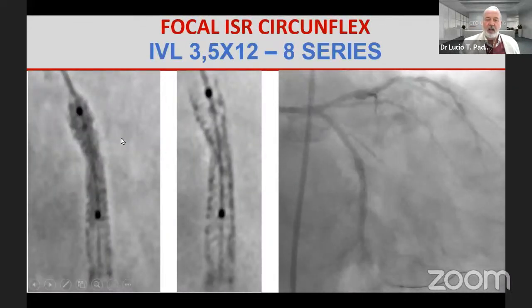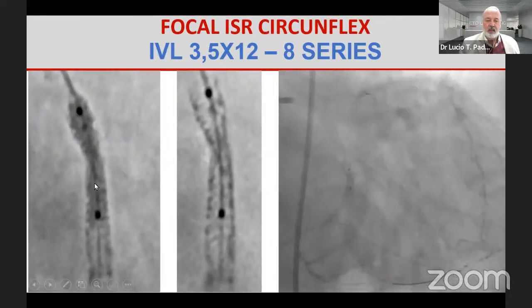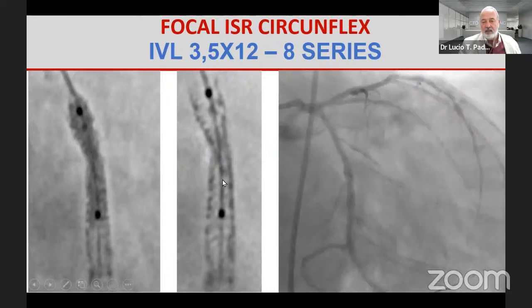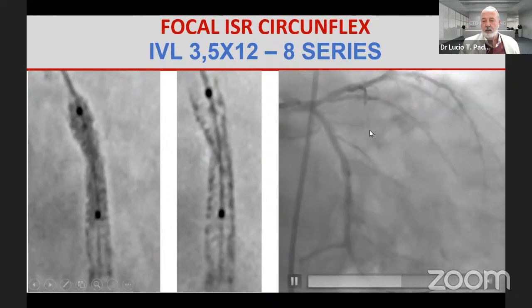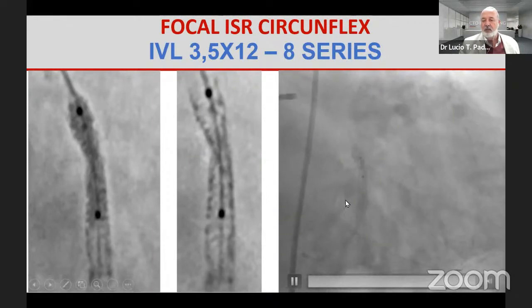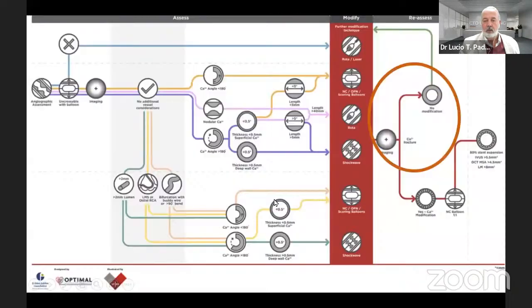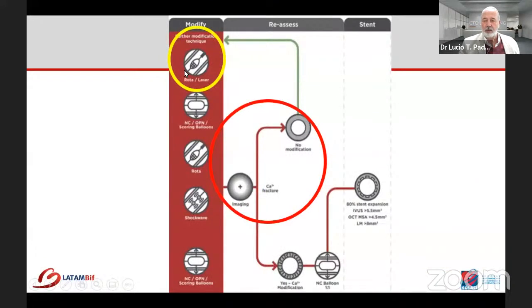So this is IVL 3.5 by 12 in the stent, and this is the stent boost after the IVL, eight series. So this is the angio. What about this? I couldn't modify the plaque, I couldn't modify the stent. So do I have to do rotablator?